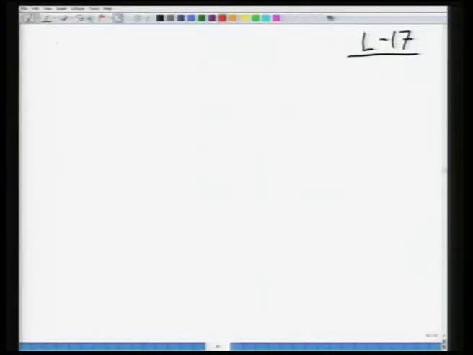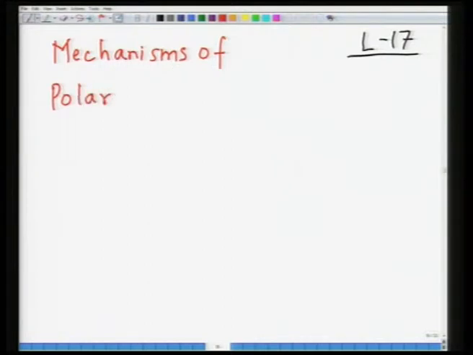So the point that we will take up is we will look at mechanisms of polarization. In this there are essentially 4 mechanisms of polarization depending upon the scale at which we are looking.